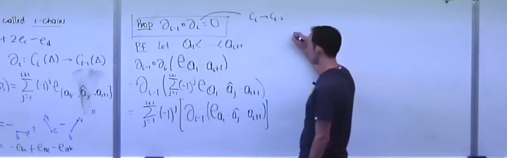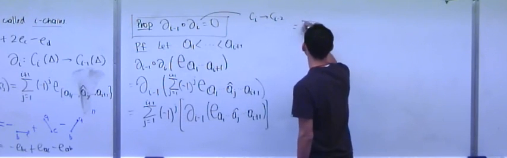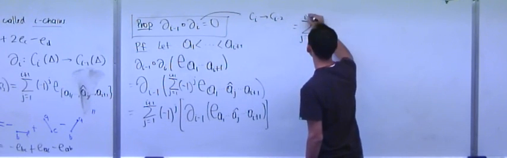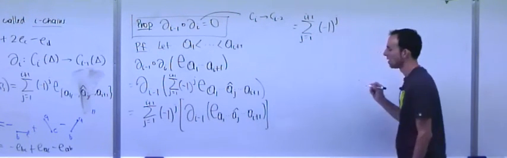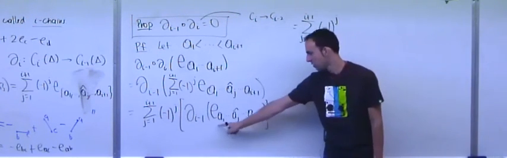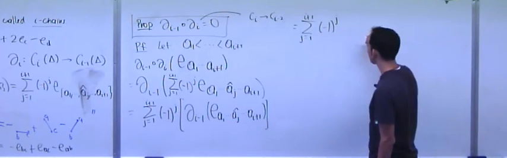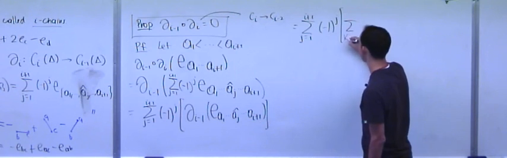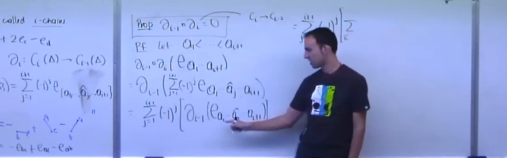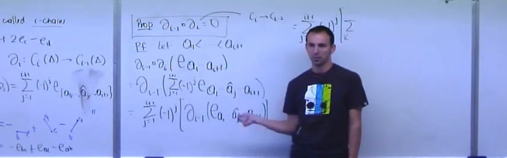So what's this? Summation j=1 to i+1 of (-1)^j. And then what I'm going to do is sum over k of basically knocking off the kth term here and putting a sign there.